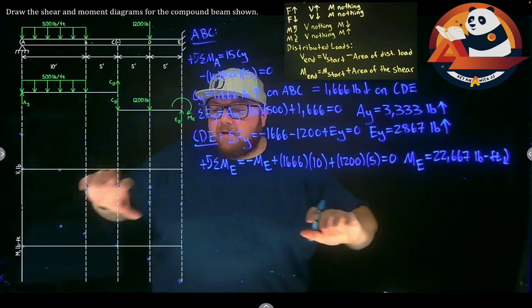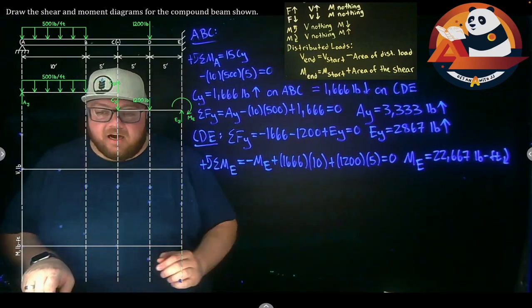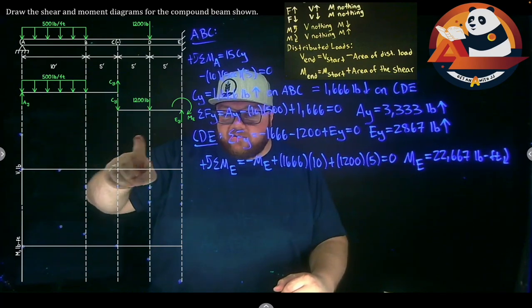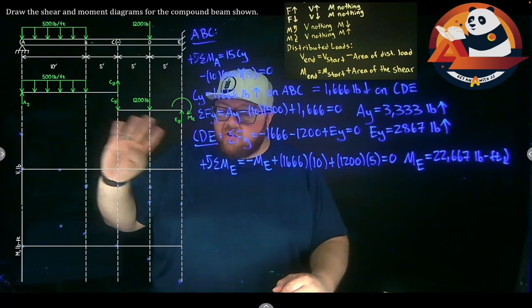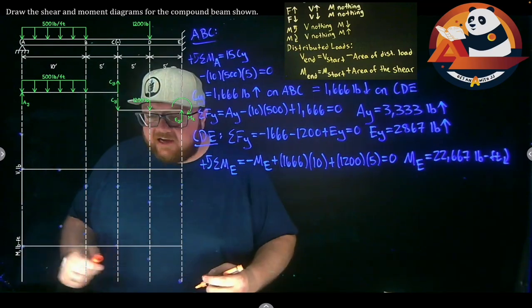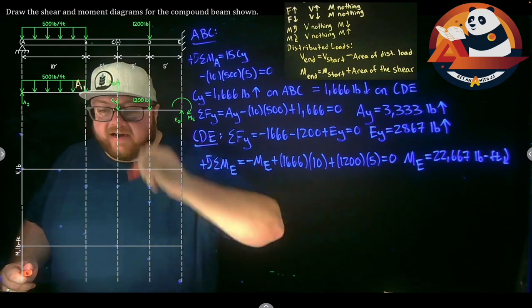If it's a compound beam, we're going to have to break it up into pieces that we can treat like a frame. But for my shear moment diagram, I could try to come up with 1, 2, 3, 4 sets of equations, or I could do the area method. It's going to be way easier to do the area method. So let's tackle that. I need to get my area for any distributed load. Let's call that area 1.